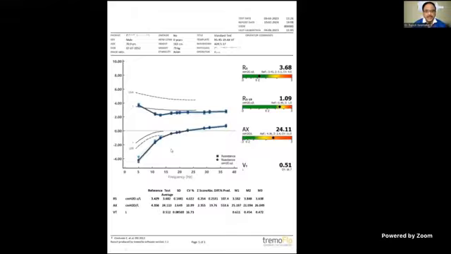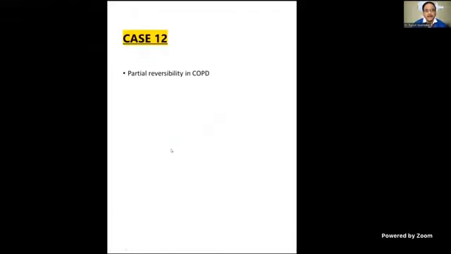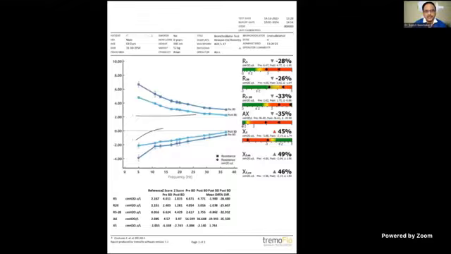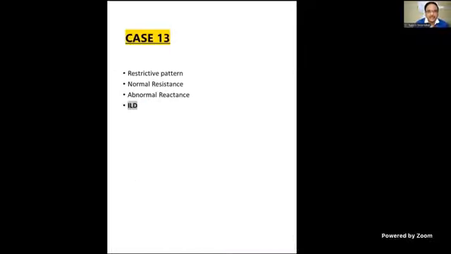See the deflection of X5 downwards, and of course, as against asthma, the reversibility in COPD is partial, so it won't be that much. So we got some cutoff values for reversibility for oscillometry, and in this case, it is not that much. So this is partial reversibility in a patient who has obstructive airway disease.